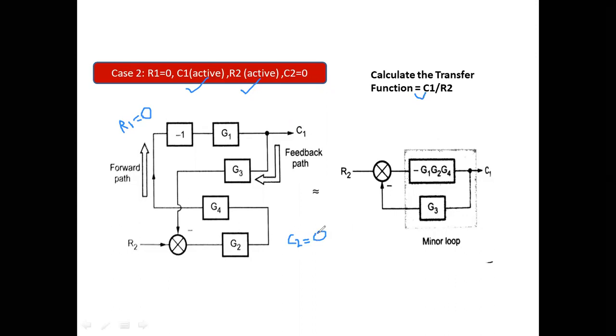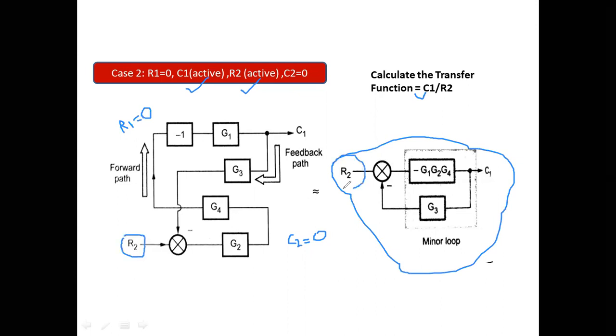Now again our motive is to reshape the block diagram into its simplest form. To obtain this block diagram, we start from the input. R2 is the input, so I have written R2 as the input here.